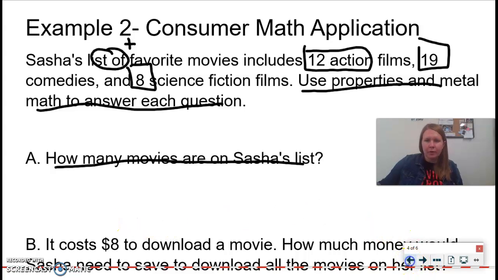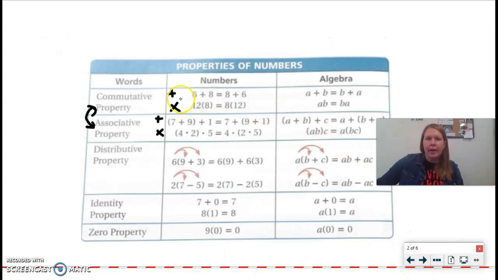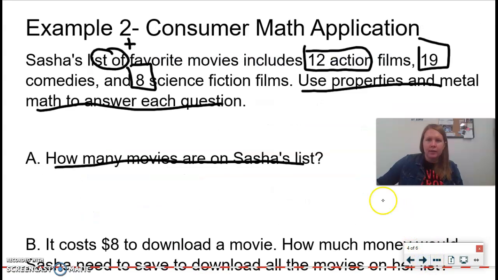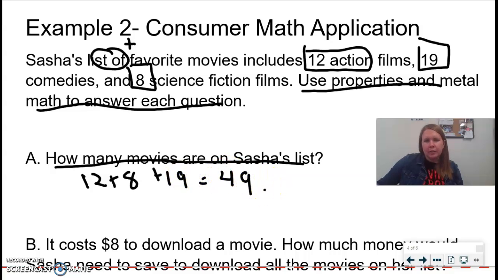So if I'm using my properties, it doesn't matter how I add them, but I'm going to use the commutative property to add them together. So 12 plus 8, okay, if I wanted to write it out I can, but 12 plus 8 gives me 30, plus 19, which gives me 49. So there are 49 movies on her list.